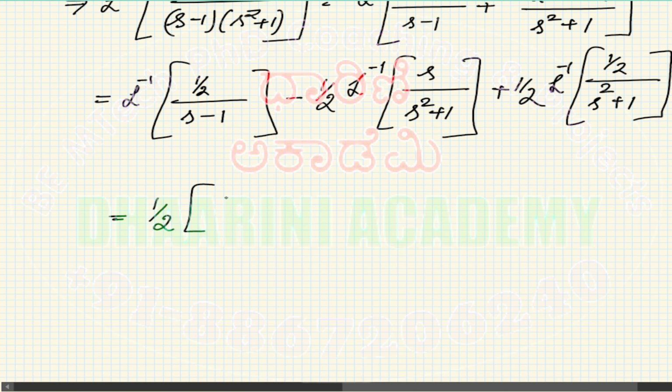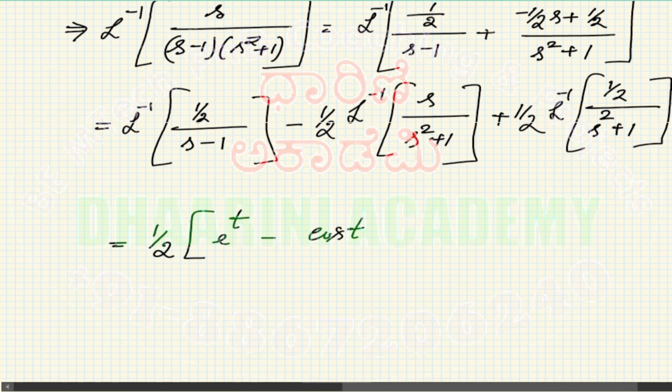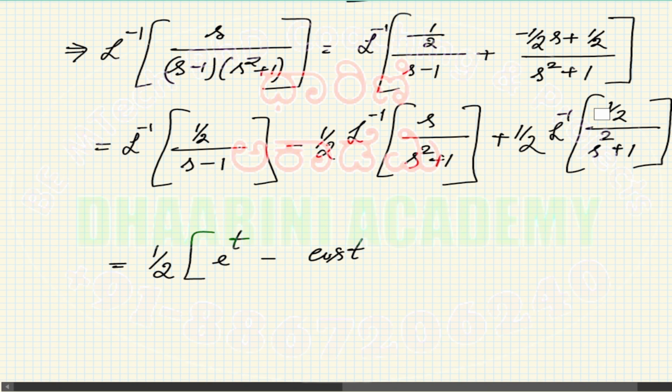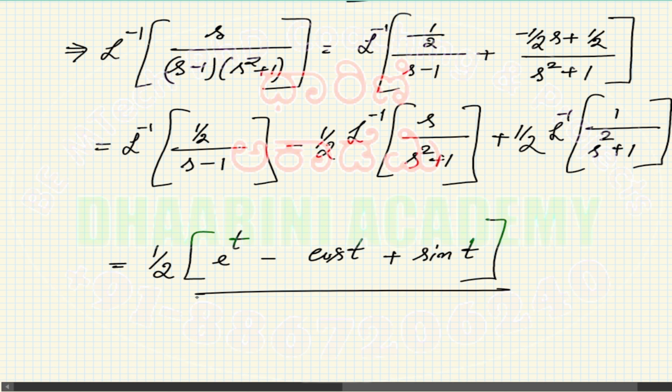So e to the t, first term, e to the t minus cos t, then plus sine t. I think I wrote the half already outside. This is my mistake, please correct. So it's standard 1 once again. This is what we get.